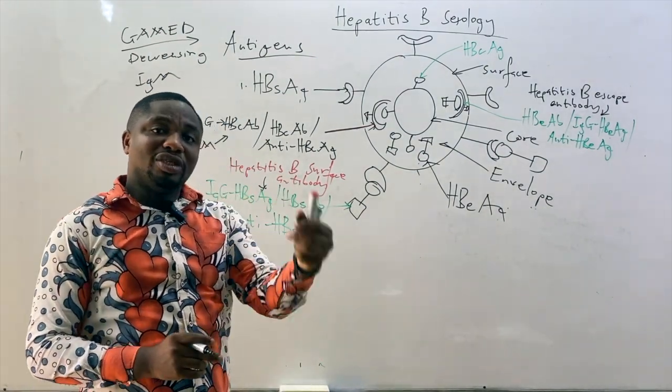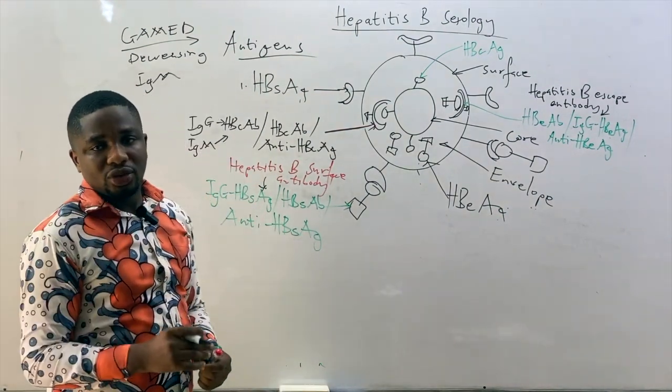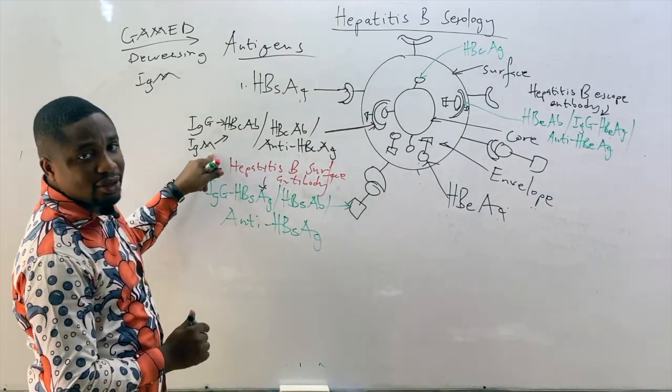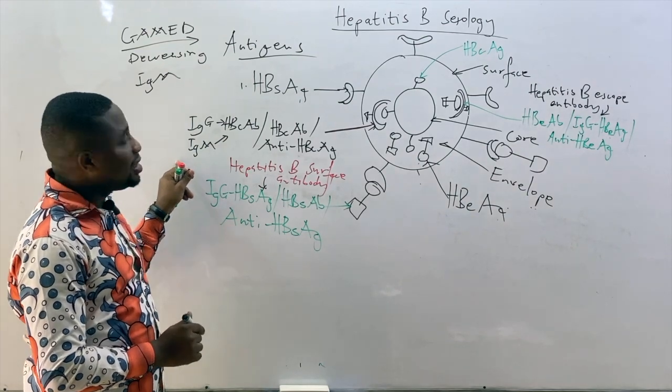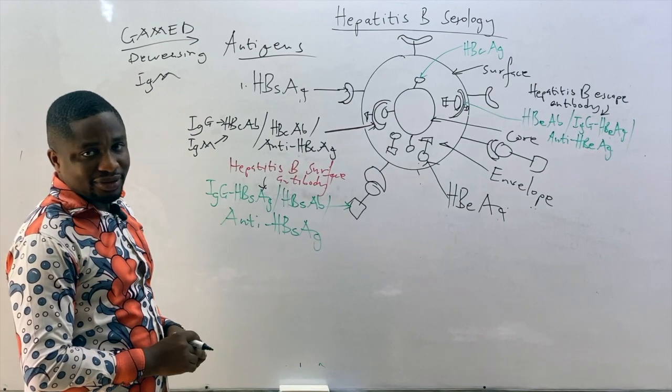But the moment you see immunoglobulin G, then you should know that the condition has progressed to the chronic phase. So immunoglobulin M here connotes what? An acute infection. Immunoglobulin G definitely is telling you about a chronic infection.